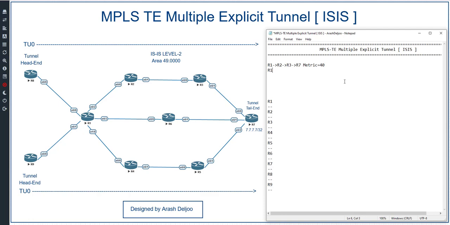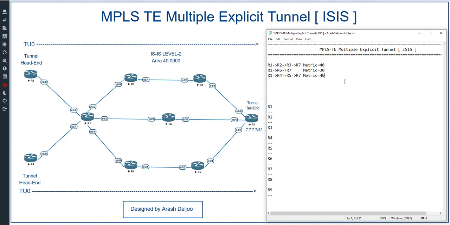Also, we have another path from R1 to R6 to R7, and the metric of this path is 30. And the next path, R1 to R4 to R5 and then to R7, again has the metric of 40. The best path is the path with the lowest metric.